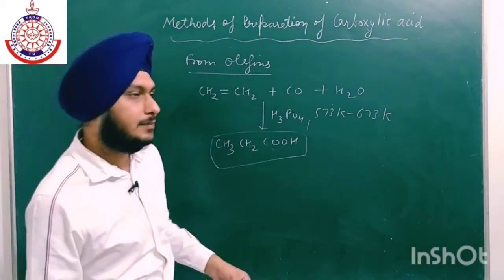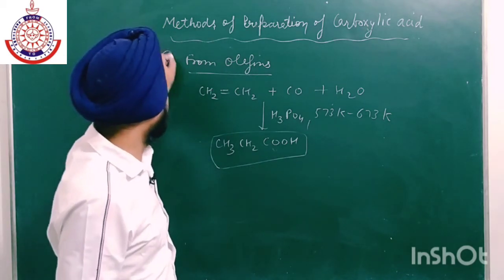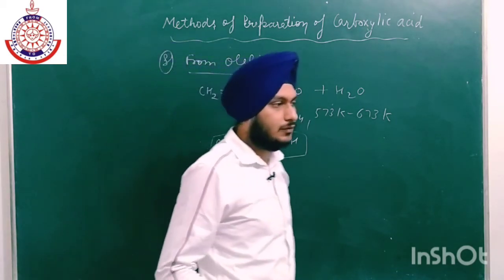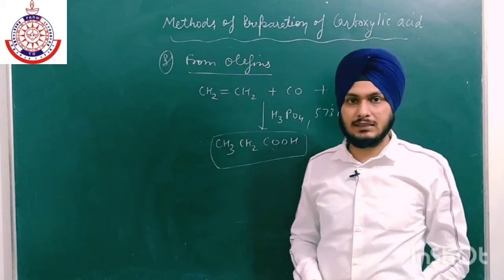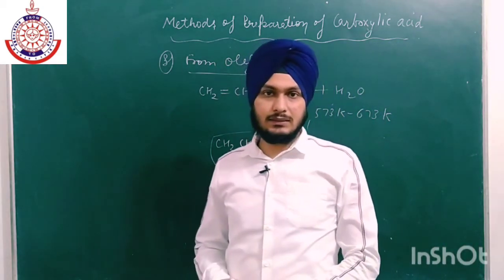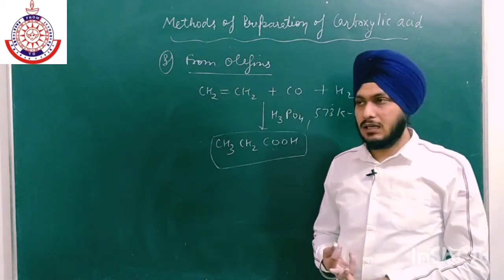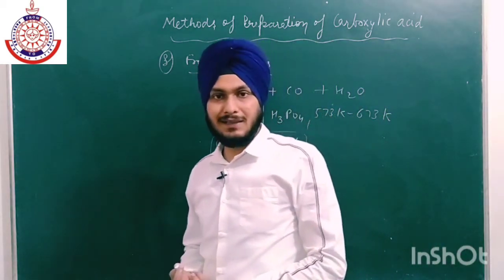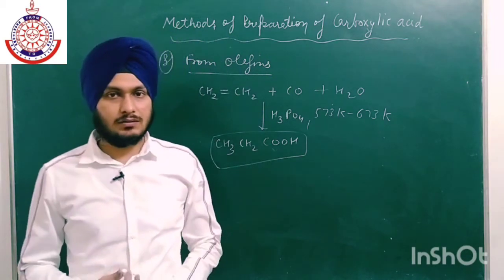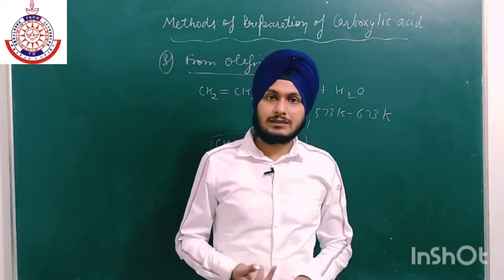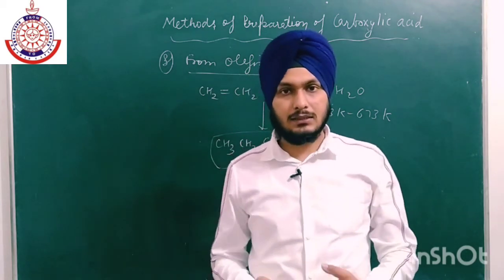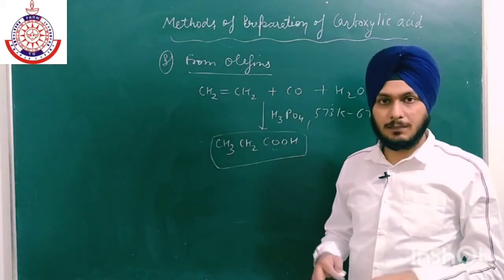So let us sum up all the 8 methods. The first method of preparation is from alcohol, aldehyde and ketone by oxidation. The second method is from alkyl benzenes, or from alkenes also we can prepare. The third method is from cyanides, followed by amides, on complete hydrolysis.